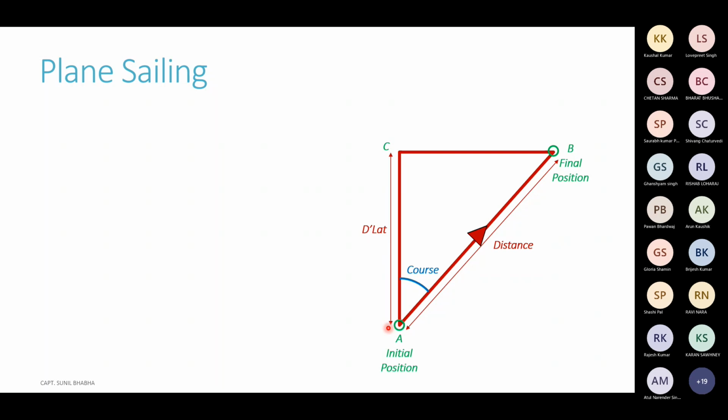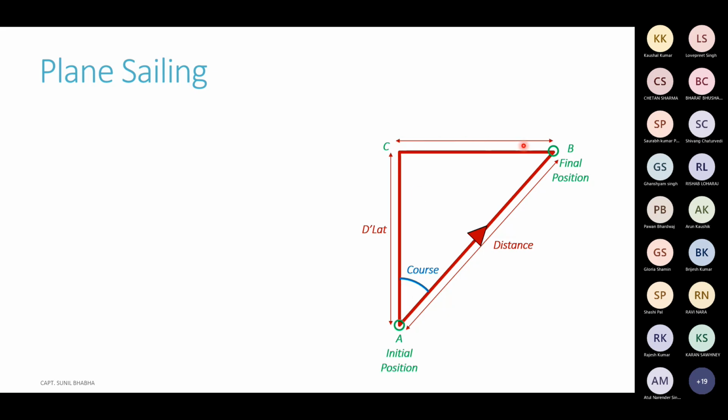This is the D-lat between our initial position A and our final position B. If you plot these two positions on the Mercator chart and measure this up and down distance, that is Alpha to Charlie, on the latitude scale, it will give you the D-lat between the two positions.